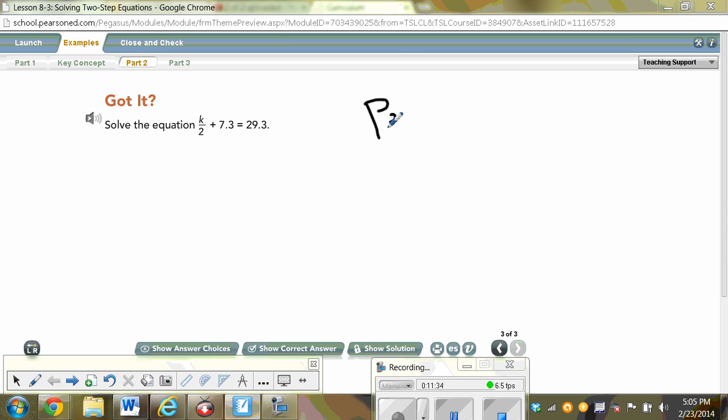Now that's got a plus sign with it, so what would be the opposite? Subtract 7.3. If I do it to one side, I've got to do it to both sides, right? So when I do this, that becomes a 0. 29.3 minus 7.3 gives me 22.